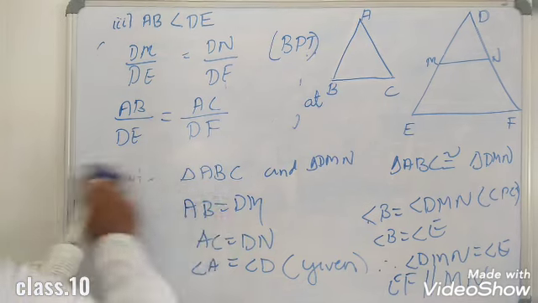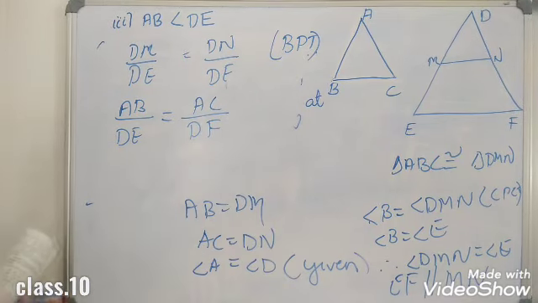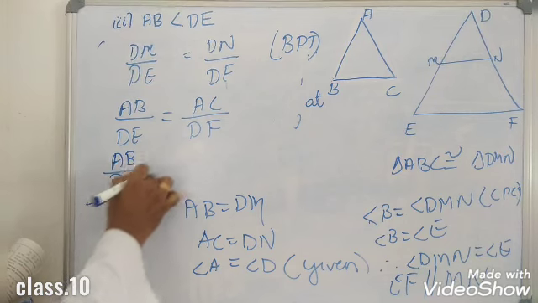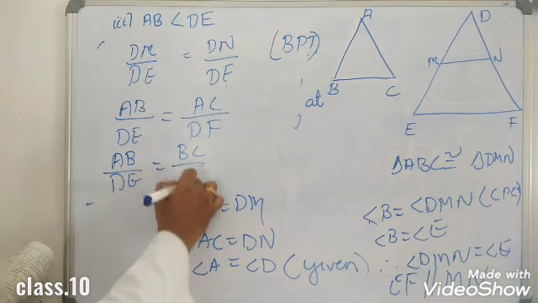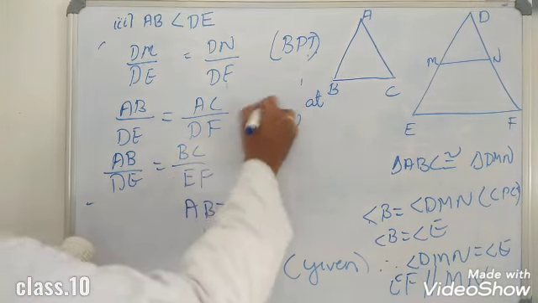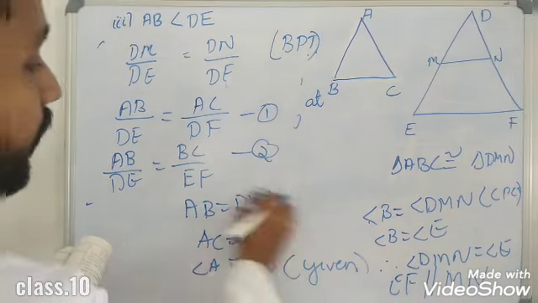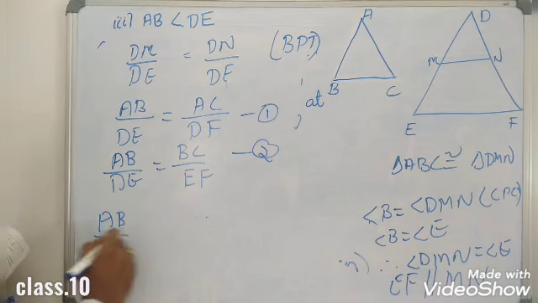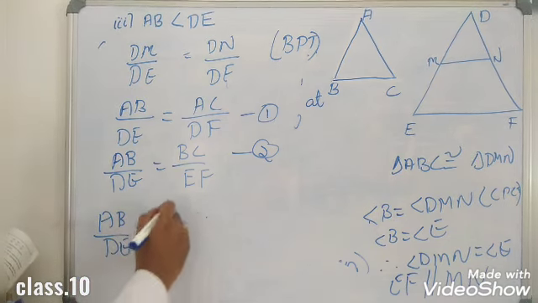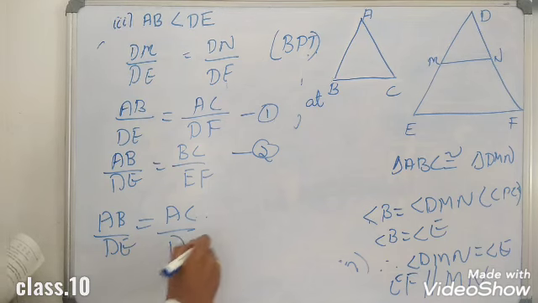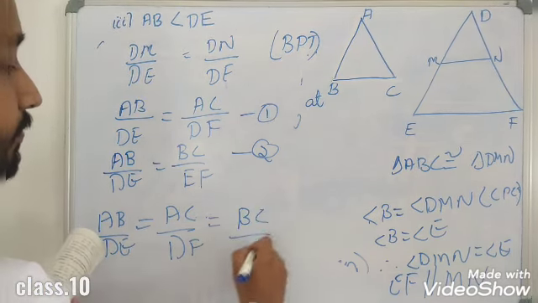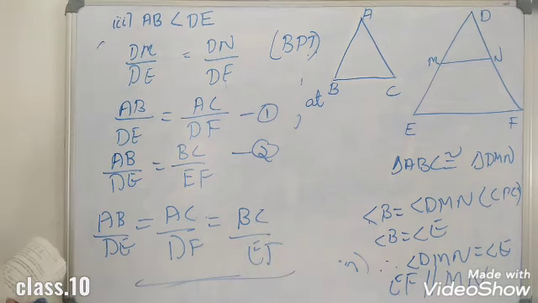Similarly, we can prove the third ratio: AB by DE is equal to BC by EF. This is 1, this is 2. From 1 and 2, we can conclude that AB by DE is equal to AC by DF, which is equal to BC by EF.